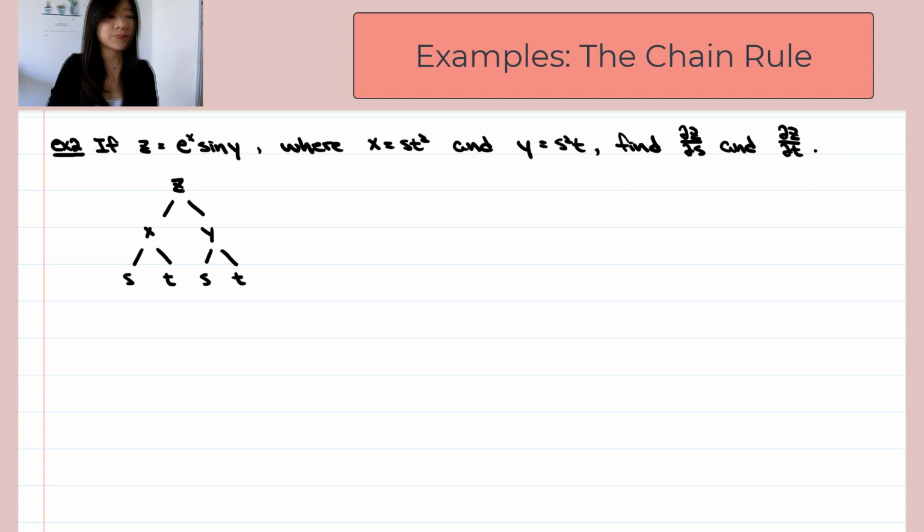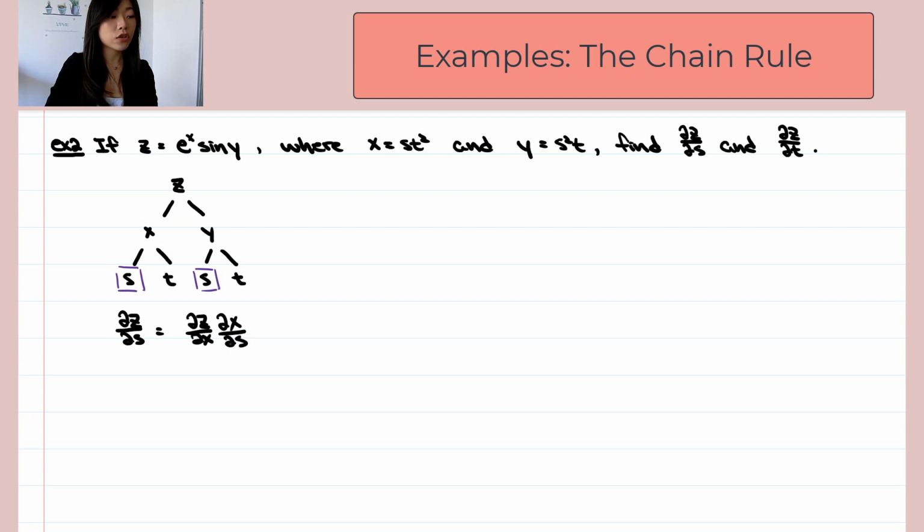So for the partial derivative of z with respect to s, we can see that at the end of the tree, we have s. Then we follow along the branches. So dz over ds. Along the left side branch, we have dz over dx, and then dx over ds.